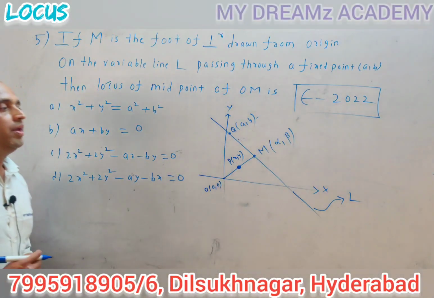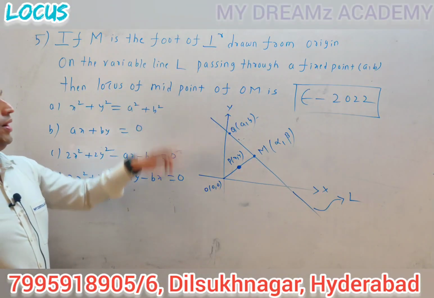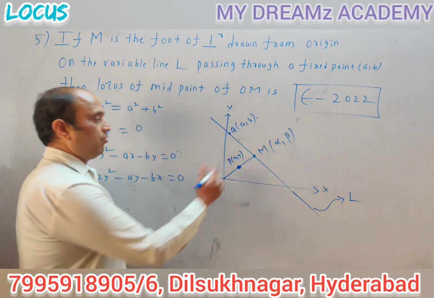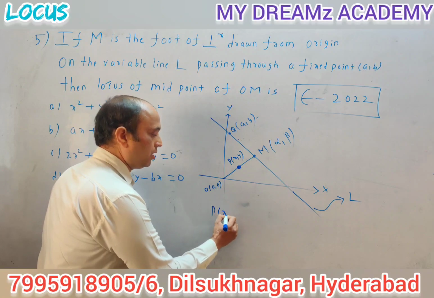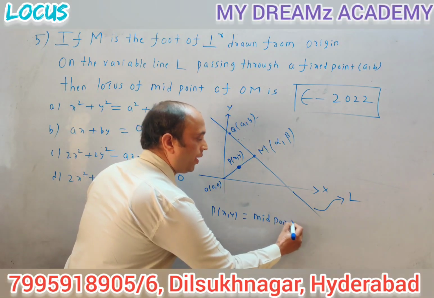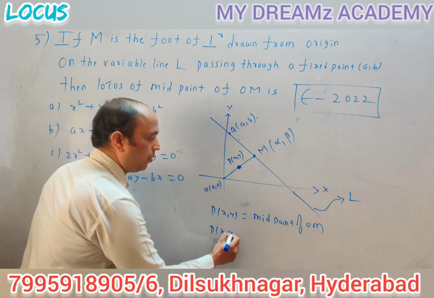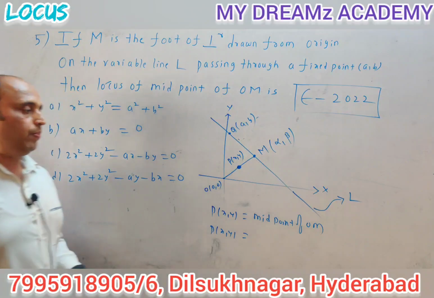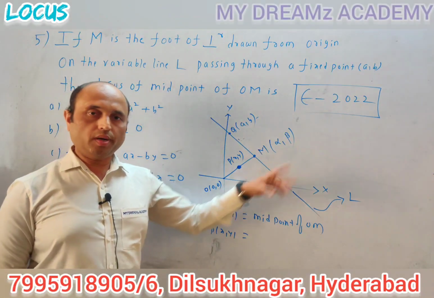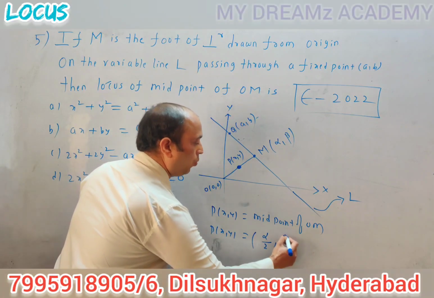Now here P x comma y is the midpoint of OM. P of x comma y is equal to the midpoint, x1 plus x2 by 2, y1 plus y2 by 2.